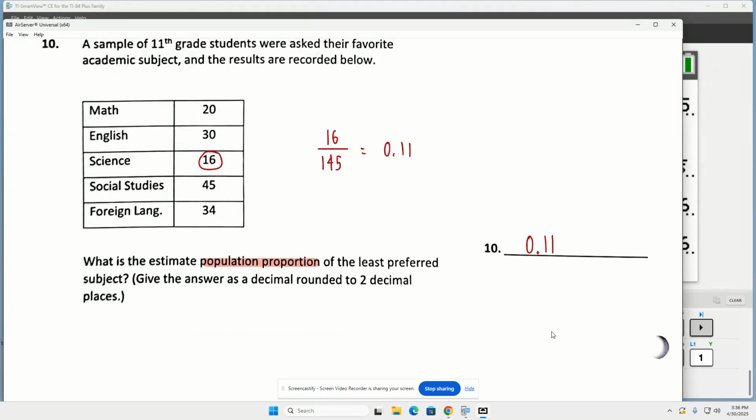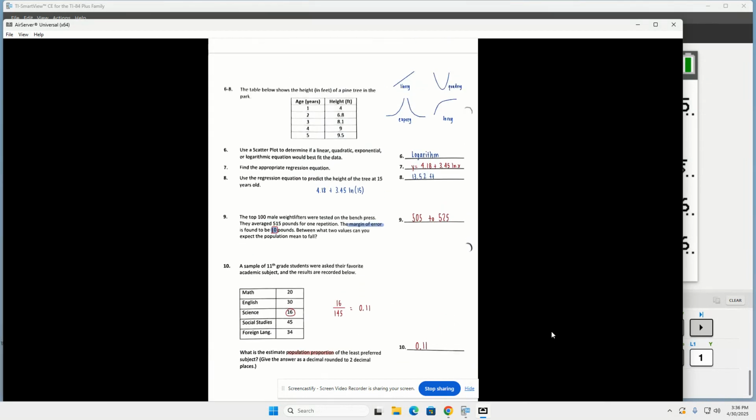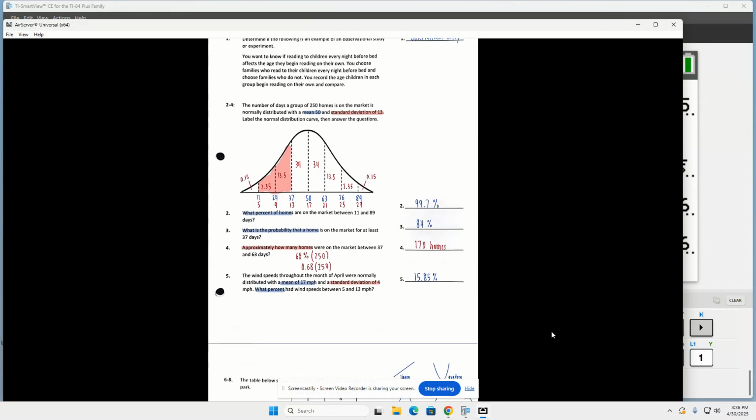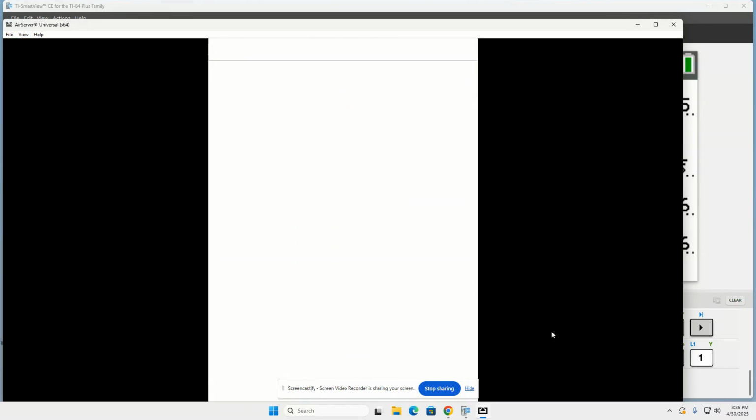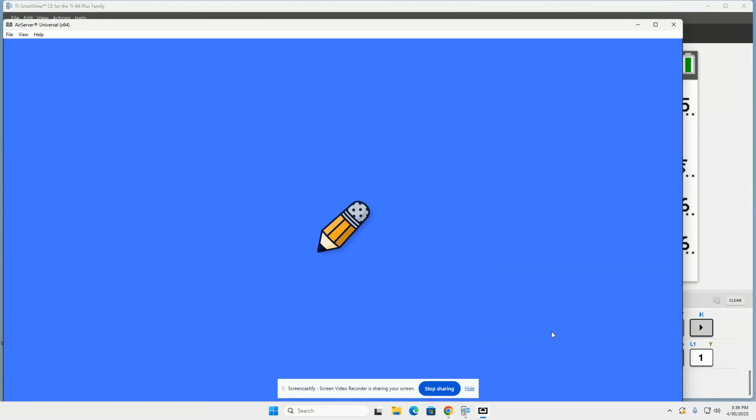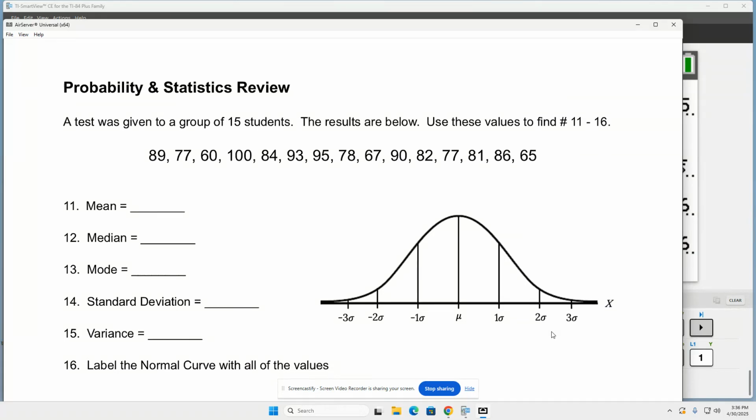Okay? So that takes us through page 1 and 2. Let's flip over to the back and let's talk about page 3. Now page 3 is going to be quite a bit of calculator work, and then it's going to have a couple of other things.